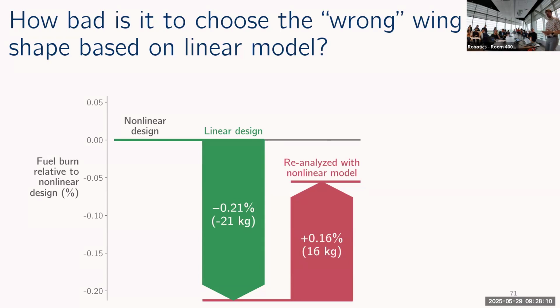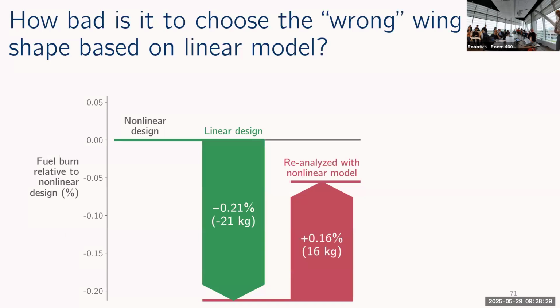So then the question is, if I go back and resize that structure later, how much is that going to change the structural mass of the wing? And was it then a bad idea to choose the planform of the wing in that initial optimization based on the linear structural model?